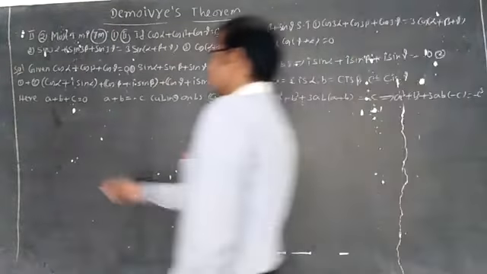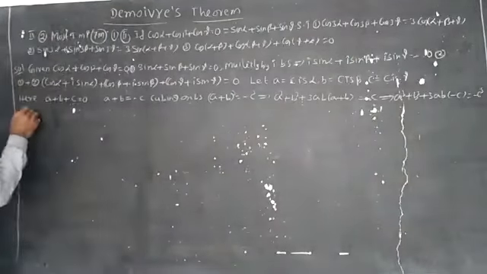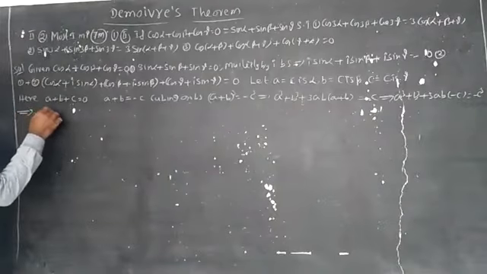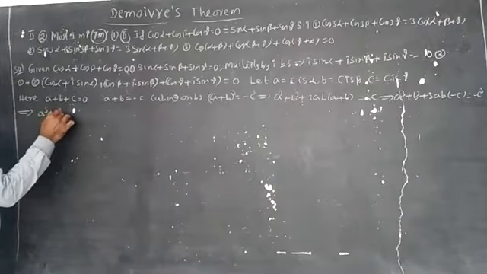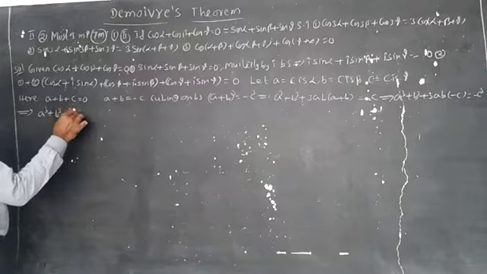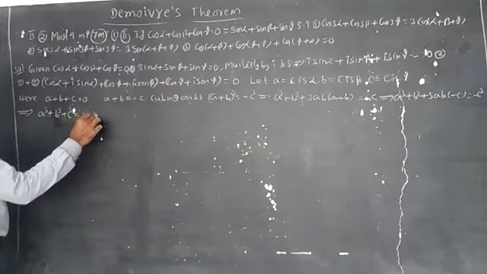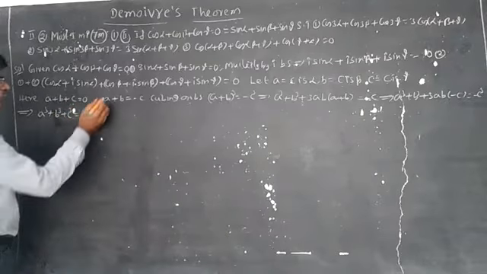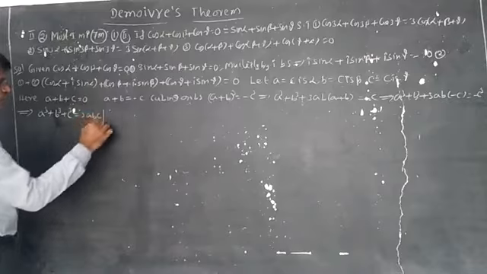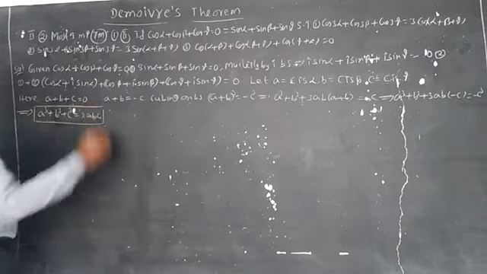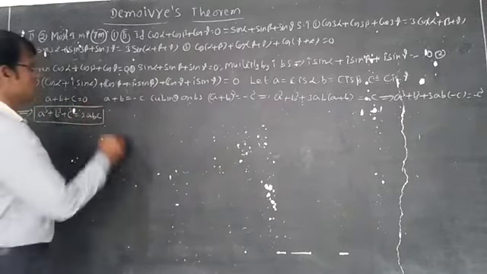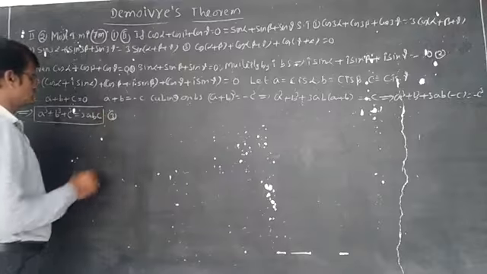Taking minus C cube to this side, it becomes A cube plus B cube plus C cube is equal to 3ABC. Of course, we know this one very well. Without proof, directly also you can write that this is the third equation.